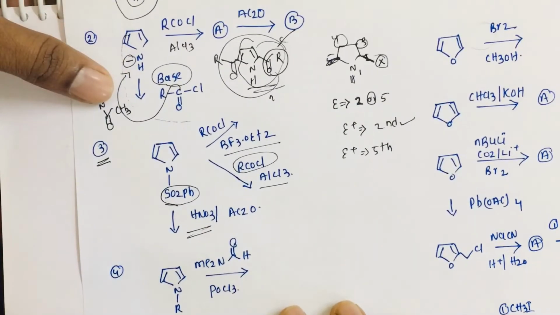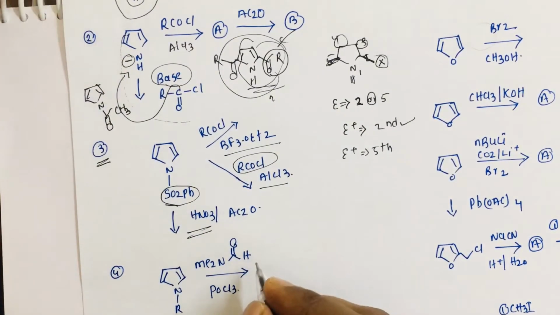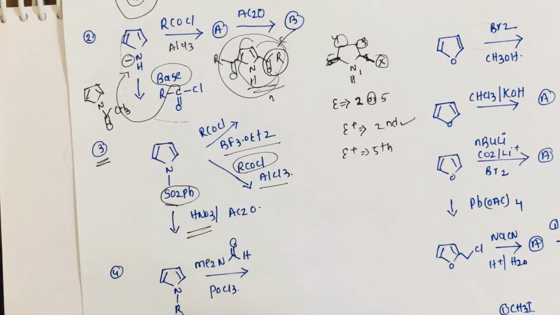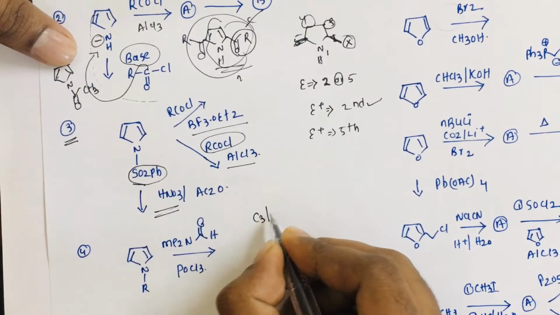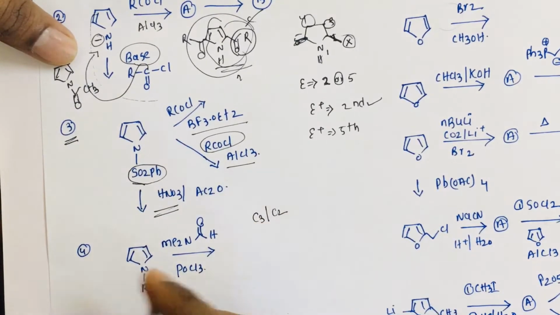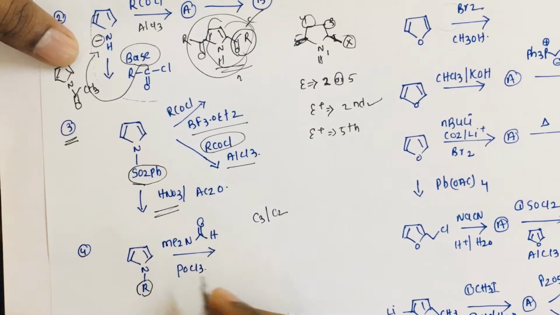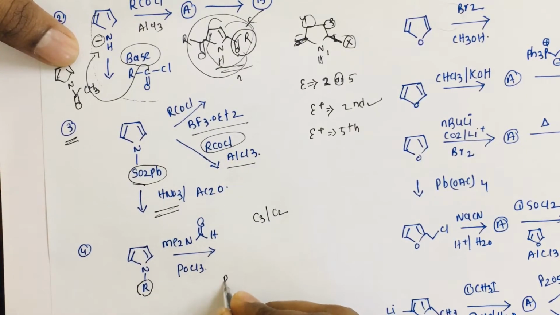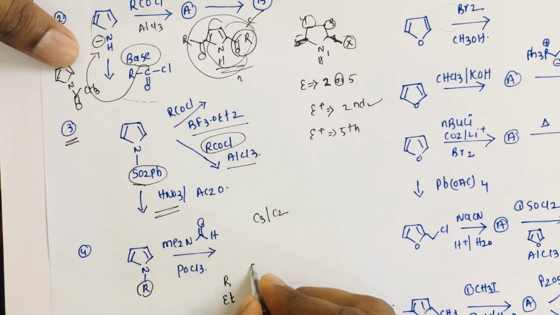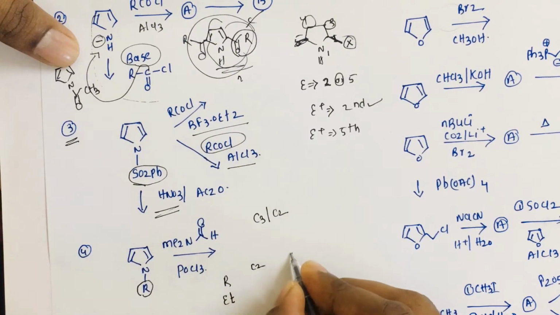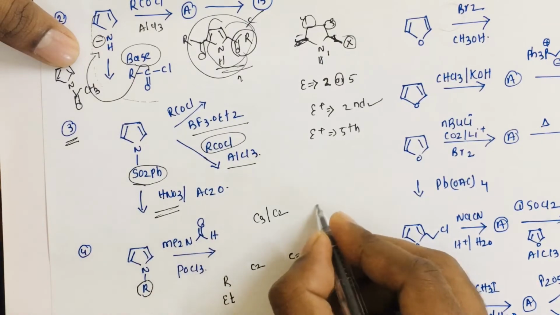And then here we have this formylation reaction. This is a Vilsmeier-Haack reaction. So here also, as I said, the product can be either C2 or C3 substituent. So this mainly depends upon this R group. If R group is ethyl, then at C2, this is the product.